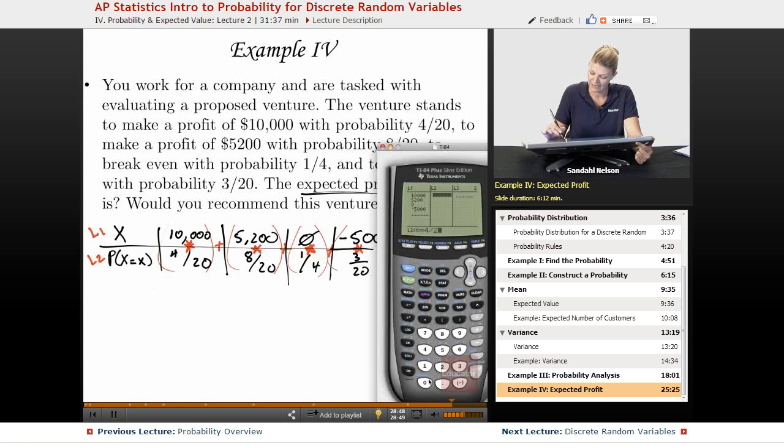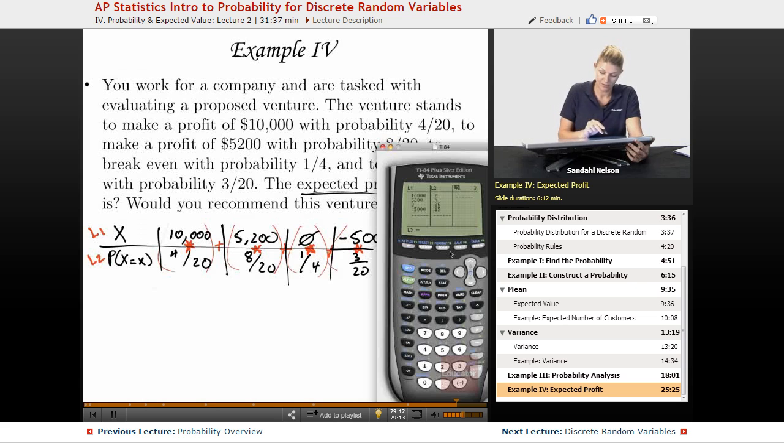So remember, I can put the fraction in and it'll calculate the decimal. So I have 4 out of 20, which was 0.2, 8 out of 20, 1 out of 4, and 3 out of 20. Perfect, and I can confirm that that does in fact equal 1.